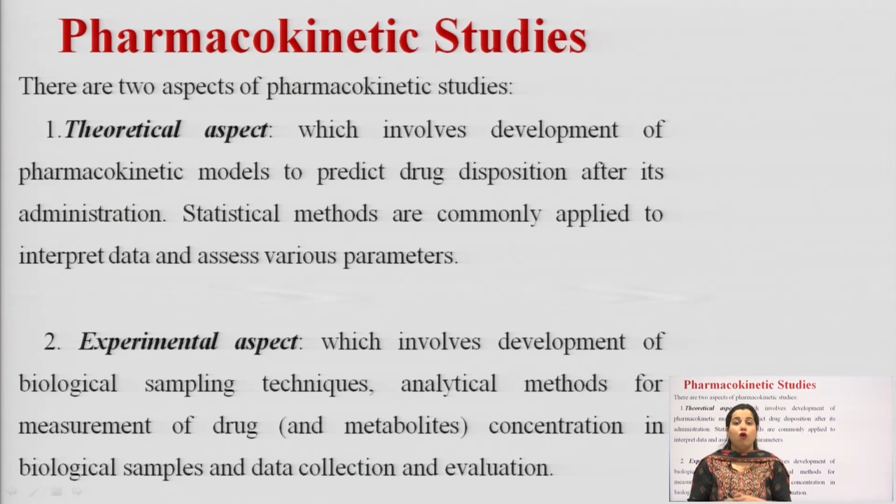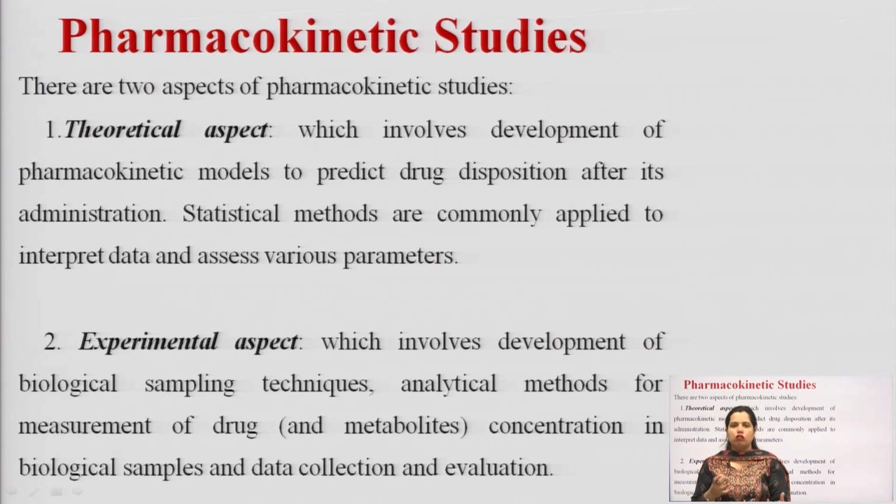Or we can say it is in vitro or in vivo evaluation. So, all these parameters are used to analyze the pharmacokinetic behavior of a drug. Analytical methods for measurement of drug and metabolite concentration in biological samples, and data collection and evaluation.